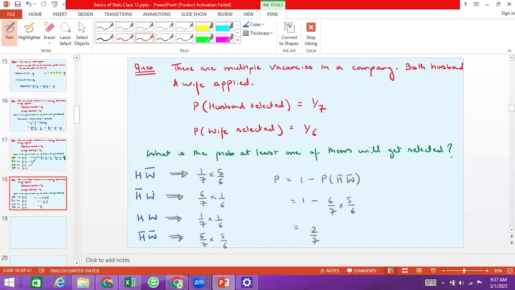Here, at least one of them will be selected means either the wife should be selected or the husband, or both of them.